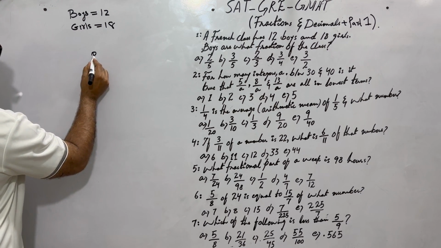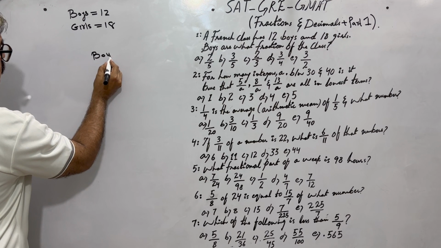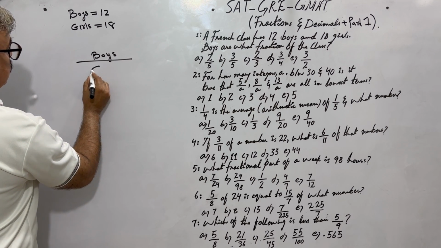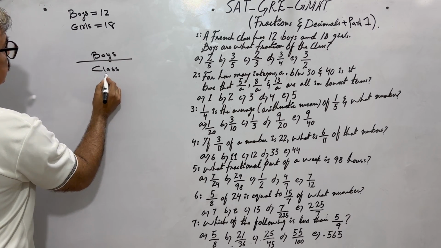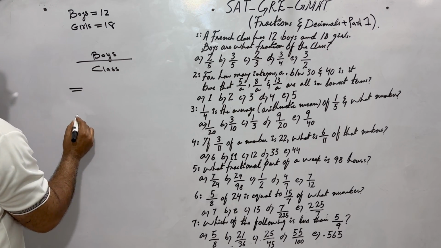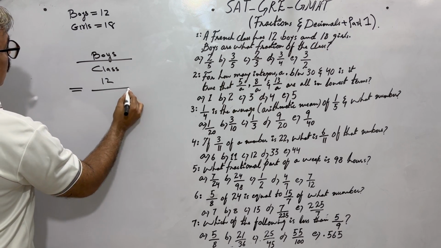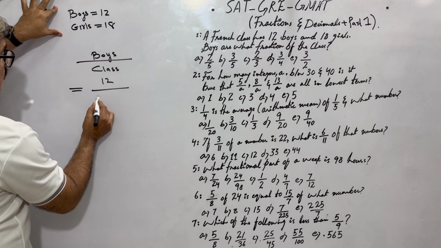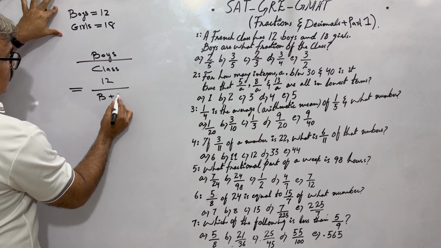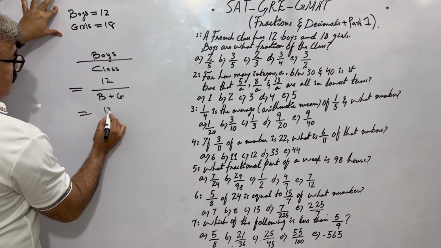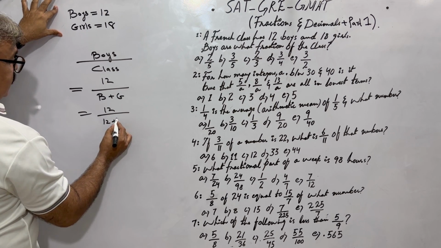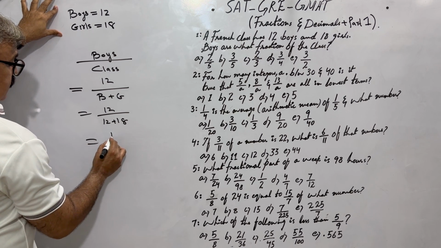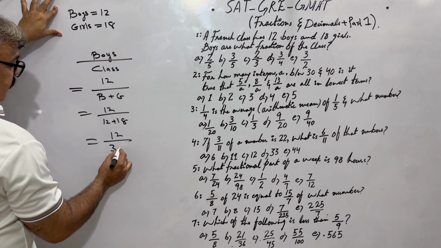We are interested in the fraction of boys to class. As boys are 12, while the class comprises boys and girls, B plus G, that is 12 plus 18, so 12 over 30.